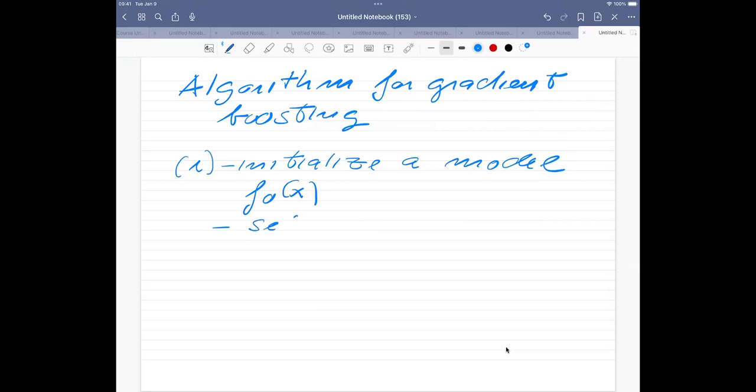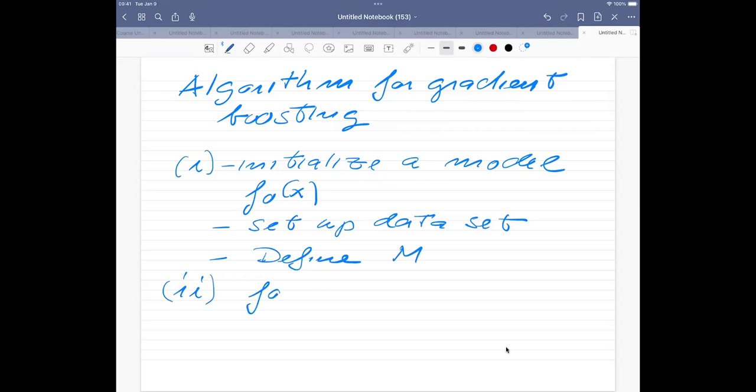So that would be the first point. You obviously need to set up the data set. You need to define the number of iterations you want to do, this variable M. Then, if we have done all the initializations, what we need to do is to have an outer loop for m equal 1 up to this n.